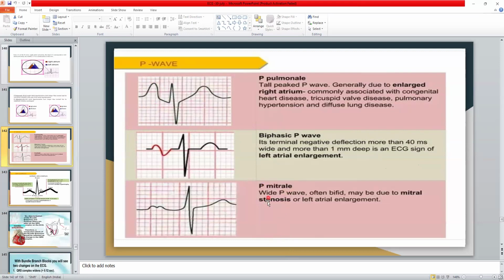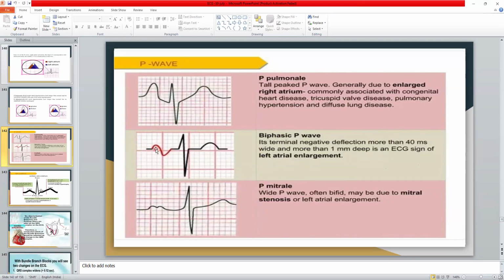Coming to the P mitrale, here the left atrial depolarization lasts longer than normal, producing a wide P wave, often bifid. This is the bifid, whereas this is biphasic. Bifid, most of the time, is due to mitral stenosis or left atrial enlargement. Coming to the biphasic P wave, it is positive and negative.